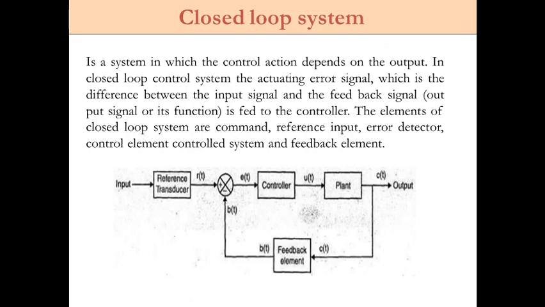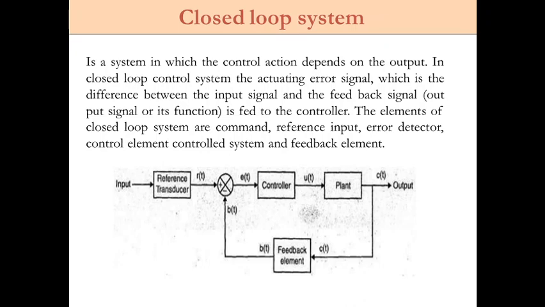So here you can see one extra part, the feedback element. If you remove this feedback element, it becomes an open loop control system: you just input some actions and you get the output. But when you add this portion to an open loop system, it becomes a closed loop system.